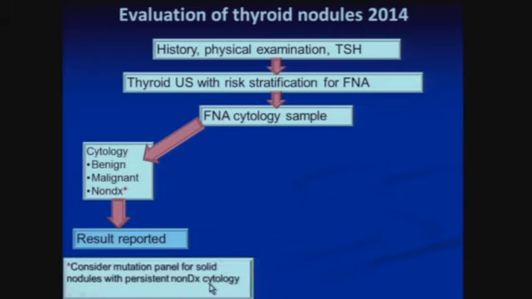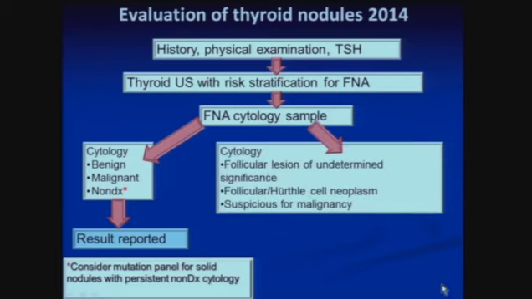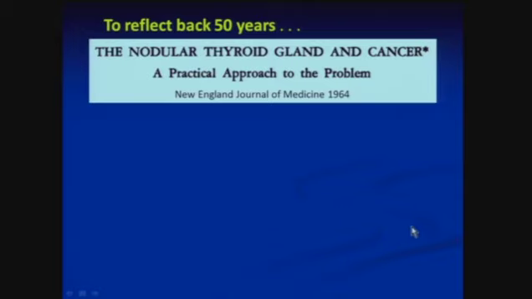We can consider the mutation panel, the oncogene testing in this particular group. If we are rendered an indeterminate lesion, follicular lesion of undetermined significance, follicular neoplasm, or suspicious for malignancy, we have two options. We can do molecular analysis to further triage the risk of cancer. We report the result and then refer the patient for surgery if necessary.